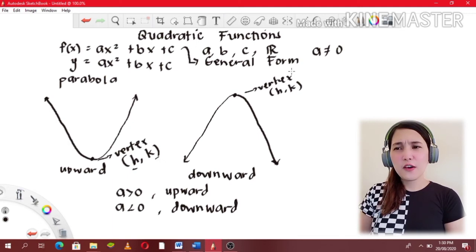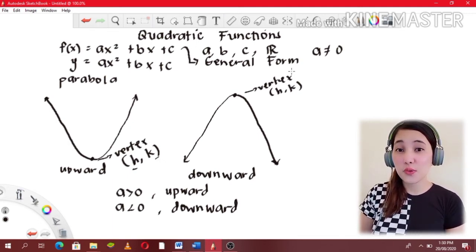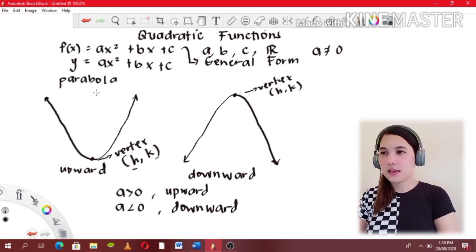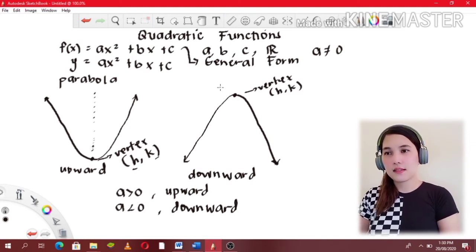Now, if we draw a vertical line that passes through the vertex, let me draw a vertical line that passes through the vertex, and the same here. I'm sorry if my illustration of the graph is not that accurate.